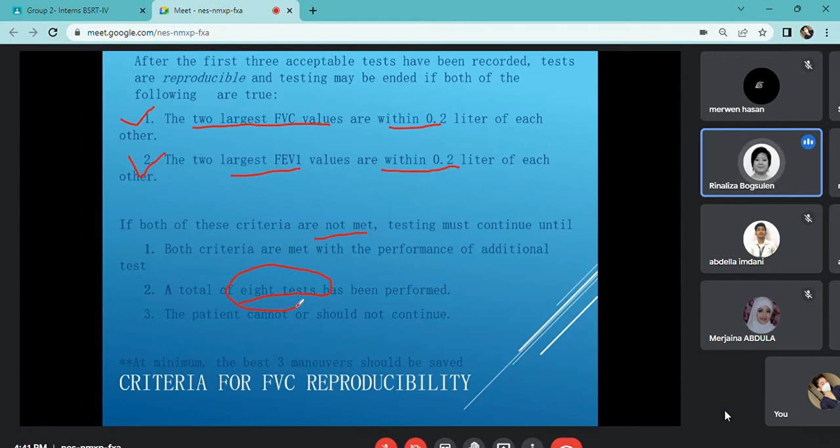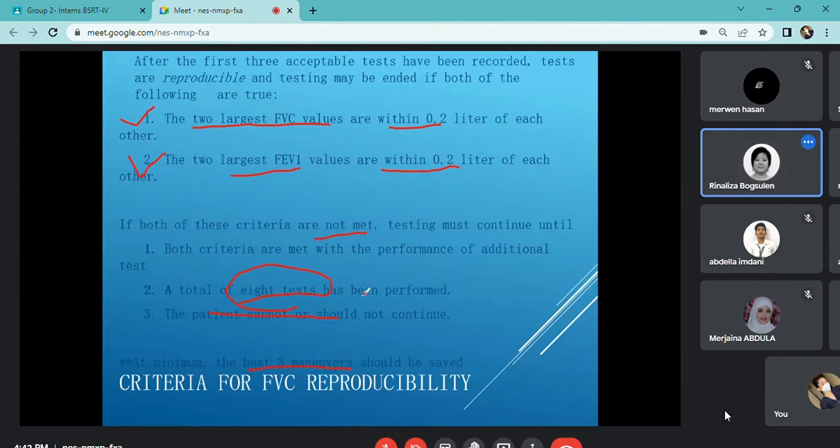So sabi ko kanina, 8 tests is maximum, and then patient cannot perform or cannot continue. Among the tests that you have, you select the best 3 maneuvers. And yan yung i-enter mo na trial 1, trial 2, trial 3. From the 3 trials that you have chosen, you have to choose the best test.